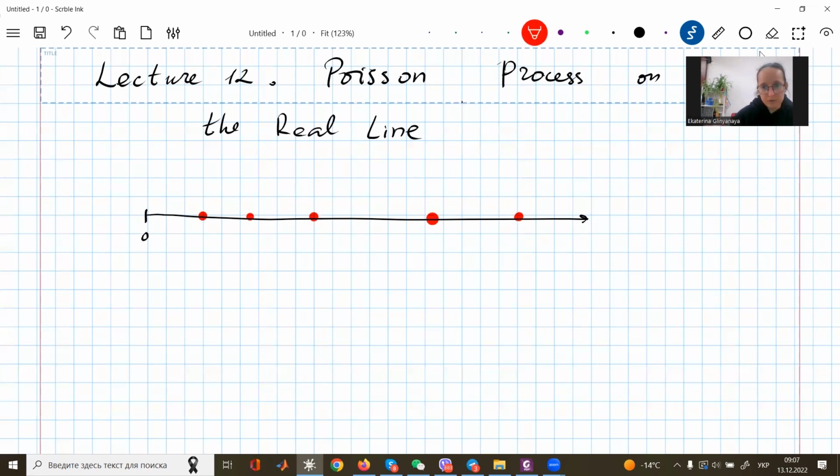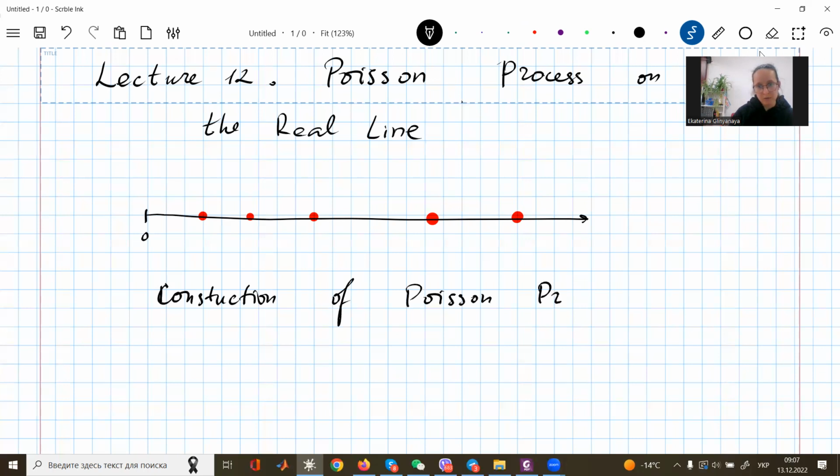We already learned how we can construct a Poisson point process, the construction of Poisson process, which we did for an arbitrary space X.